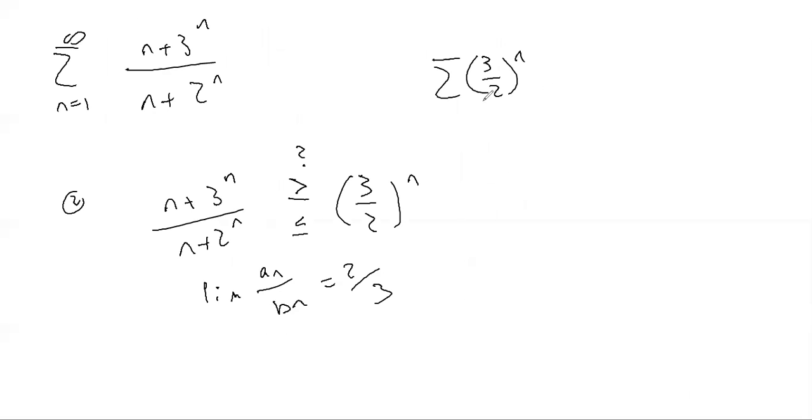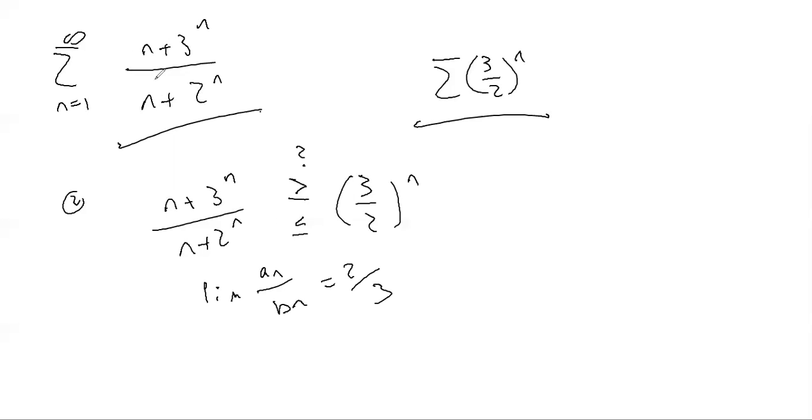So that means these series are going to do the same thing. They're either both going to converge or both diverge. I know this diverges, so that means my original diverges. We probably could have done this an easier way by looking at our original. Instead of trying to do any comparison test, just do divergence test. Okay, so recall divergence test. I look at the limit inside.